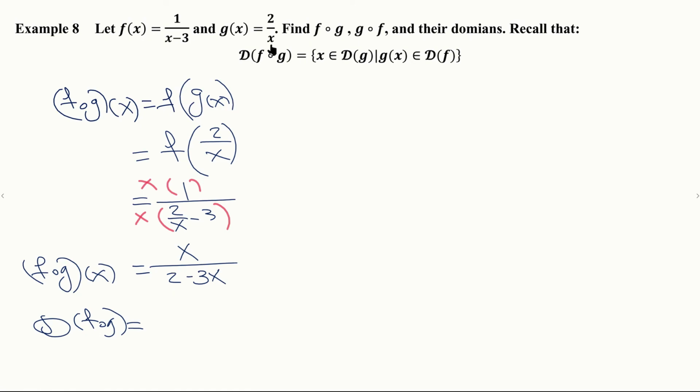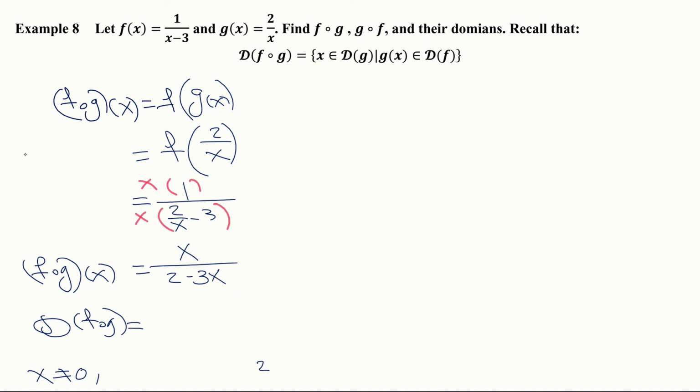So x can't be 0 because x is 0 is not in the domain of g, right? So x shouldn't be 0. Also exclude any numbers that would cause you problems here, right? So we don't want this denominator to become 0 either. So go ahead and include those.